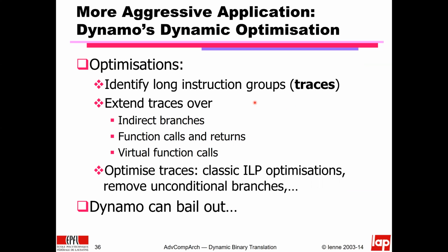And so I can specialize the function by splitting it in two, and depending on the value of the argument that I use when I call it, I either go in the original function or I go in a recompiled function where I do a constant propagation through the function, right? I assume that one of the arguments is a specific value, and I propagate the constant and I simplify.